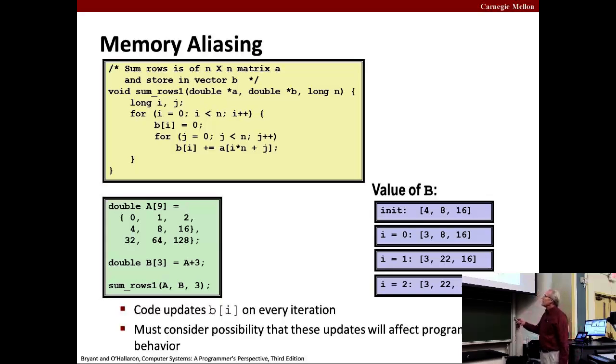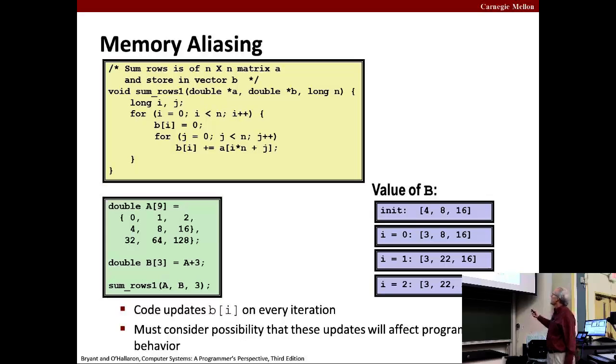So imagine this aliasing happens so that array B corresponds then to this row of array A. Then, of course, its initial value is 4816. But if you trace through what this code will do, it has this odd behavior that is probably not useful for anything.